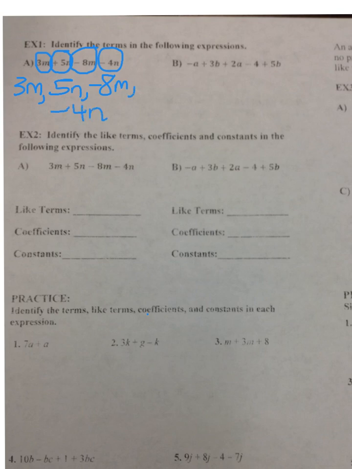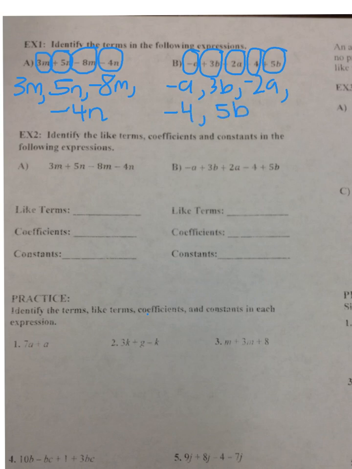For example B, I'm going to go ahead and circle the terms. I have a negative a, a positive 3b, a positive 2a, a negative 4, and a positive 5b. So my terms are negative a, positive 3b, positive 2a, negative 4, and positive 5b. So those would be the terms with their signs.